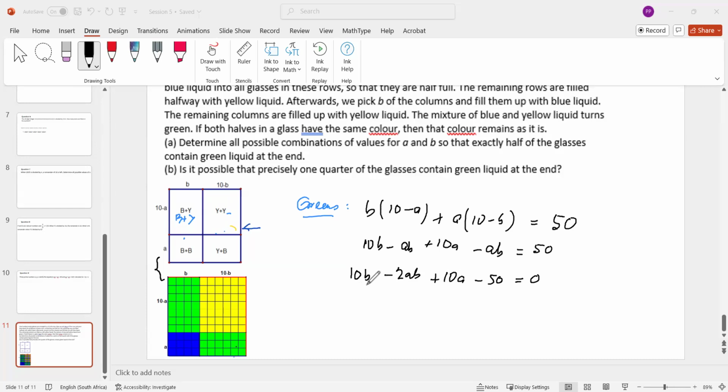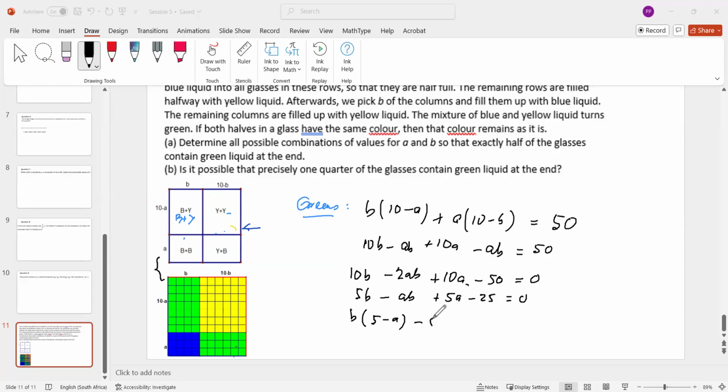The 2 is cancelled, so you have 5B minus AB plus 5A minus 25 equals 0. And the B can come out as a common factor here, B into 5 minus A. And you have 5 into A minus 5.